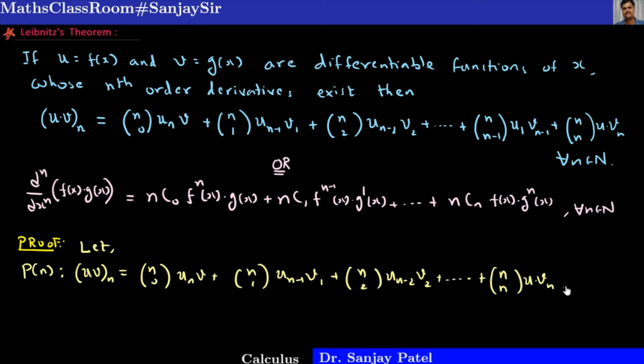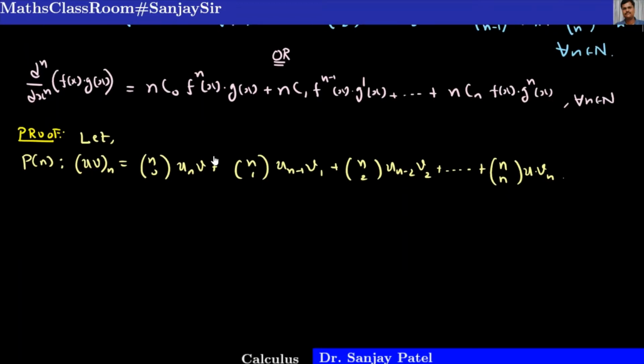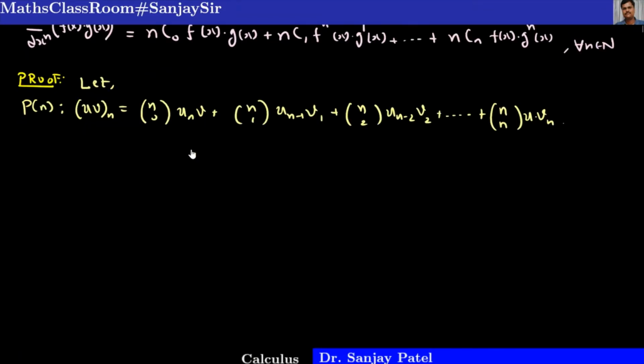Okay, and in this PMI, first of all, we verify the result for n equal to 1. So let us take n equal to 1 first. What is to be proved in this case? For n equal to 1, we want to show that (uv)1, that is the first derivative of u into v.